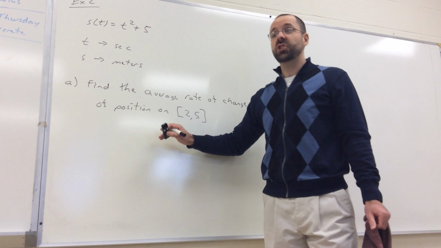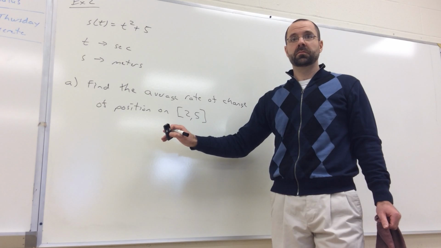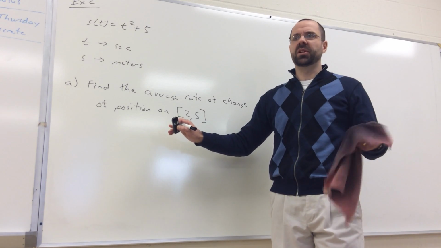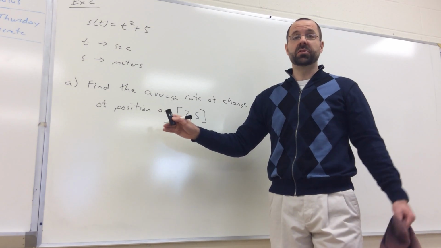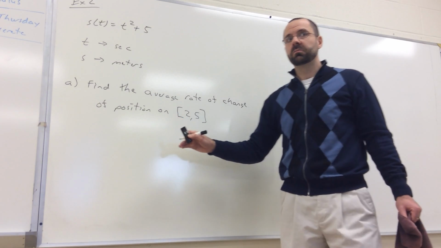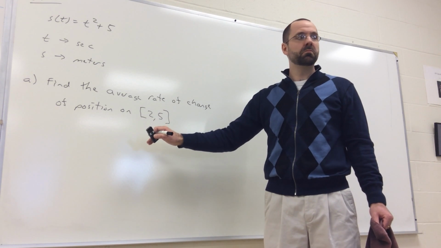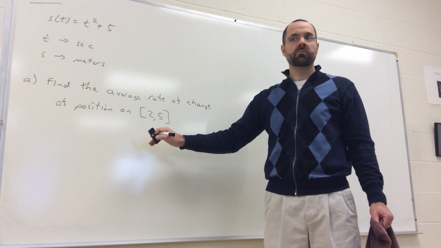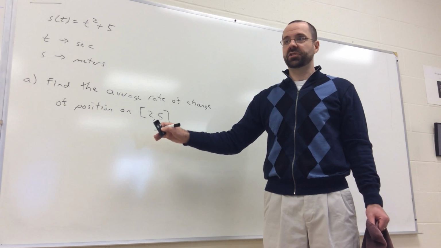Okay, so average rate of change is a question from chapter 2. So I'm not saying that to make you feel like you're supposed to remember it. I'm just reminding you that it's from a long time ago, so maybe you don't remember. So how do you find average rate of change? It's just f of b minus f of a all over b minus a. It's just the slope formula.